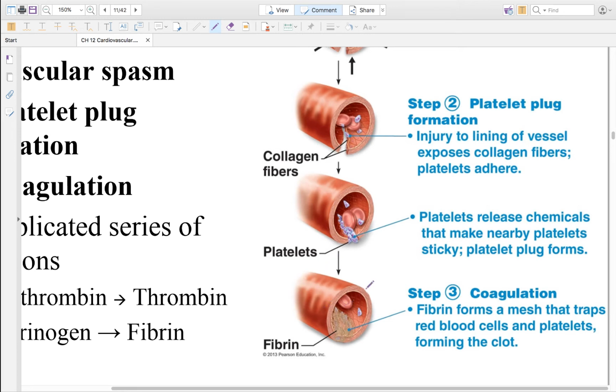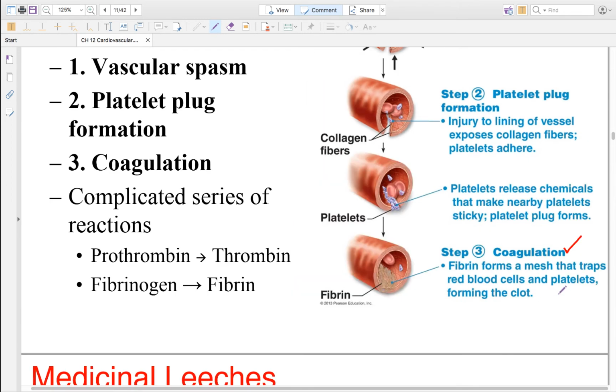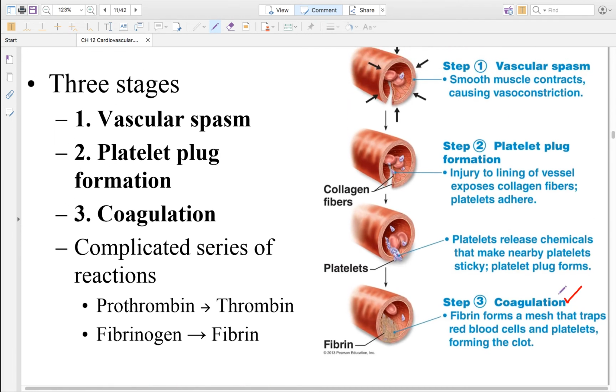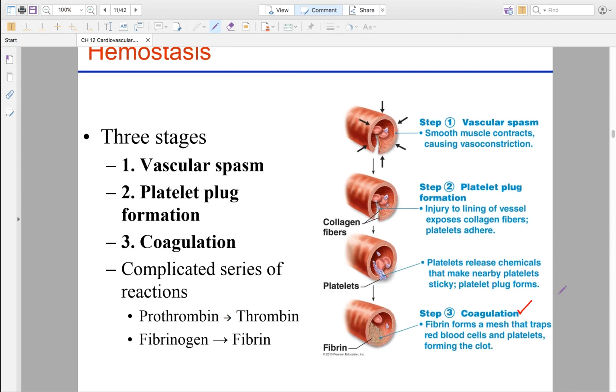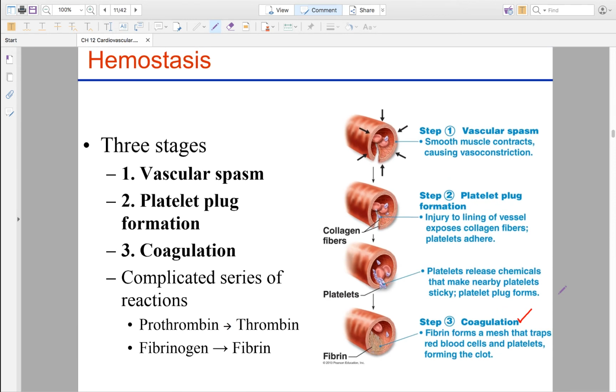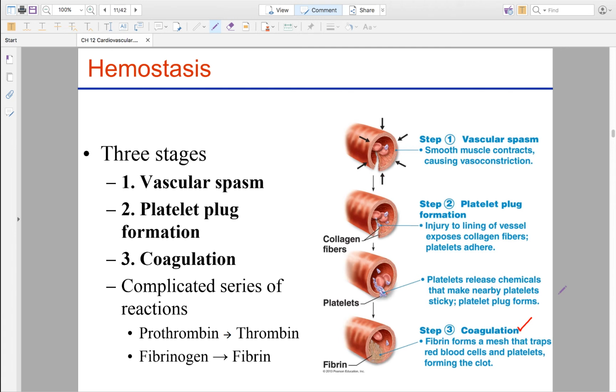That mesh network is going to trap red blood cells, more platelets, and form a clot. This is called coagulation. So when we talk about blood coagulation, this is what it is. And ultimately, hemostasis is a 3-stage process that heals damaged tissue.